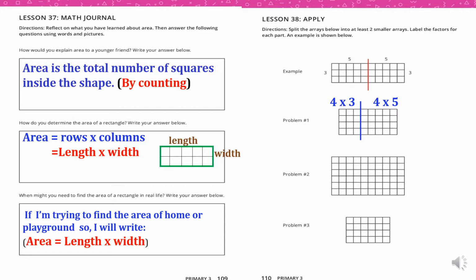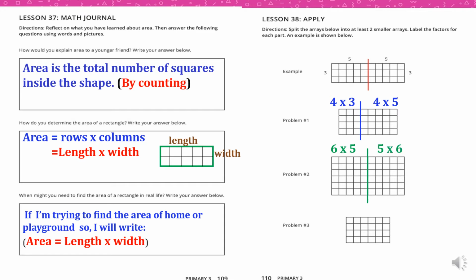In problem 2, I will split this large array into two smaller arrays like this. The first array will be 6 rows multiplied by 5 columns. So 6 times 5, 30.